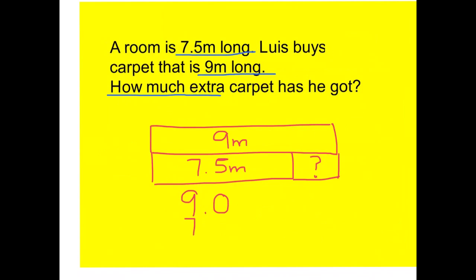I have to take away 7.5. 0 take away 5 we cannot do, so we're going to do some exchange. 9 becomes 8, I bring over my 1. 10, take away 5 is 5. Decimal point in, 8 take away 7 is 1. So this remaining bit of carpet is 1.5 metres in length.